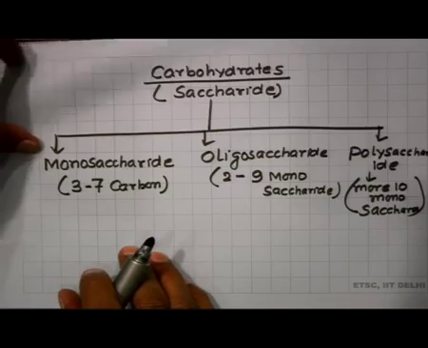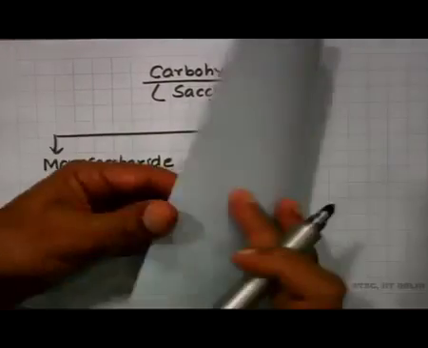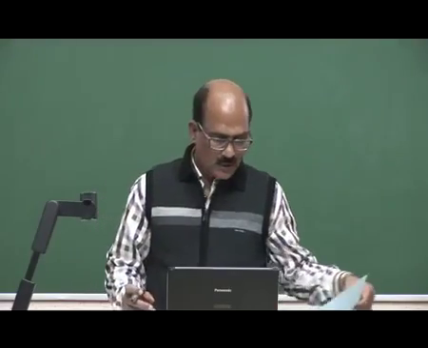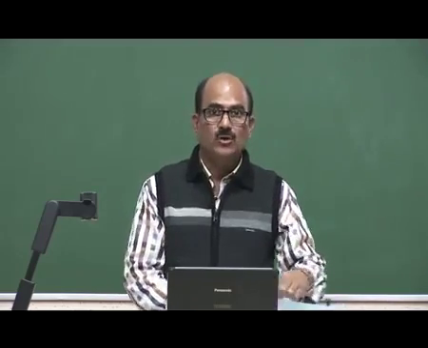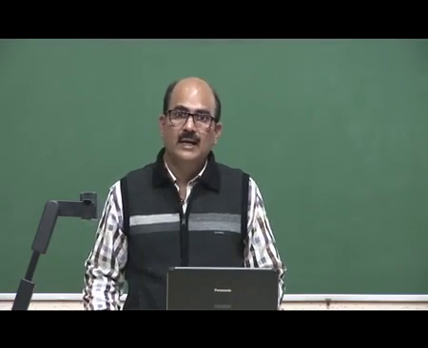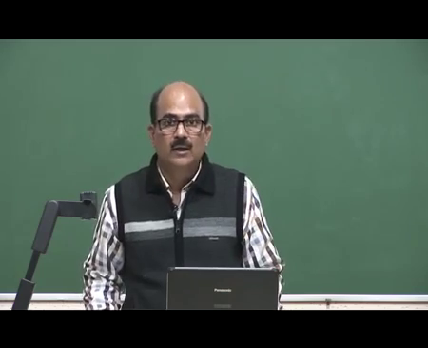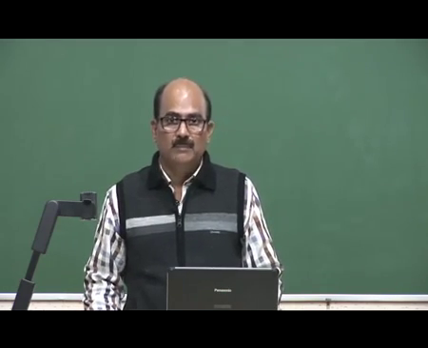In monosaccharides, I have discussed triose, tetrose, pentose and some hexoses. The hexoses, which we already know, are the carbohydrates or monosaccharides which are made by a 6 carbon compound.